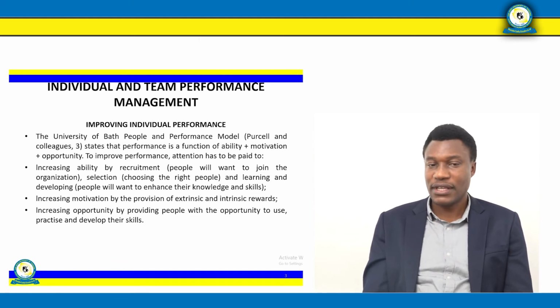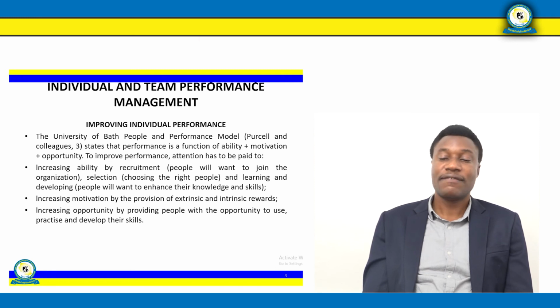Improving individual performance. The University of Bath People and Performance Model, by Purcell and colleagues, states that performance is a function of ability, motivation, and opportunity. Three things are involved in performance.